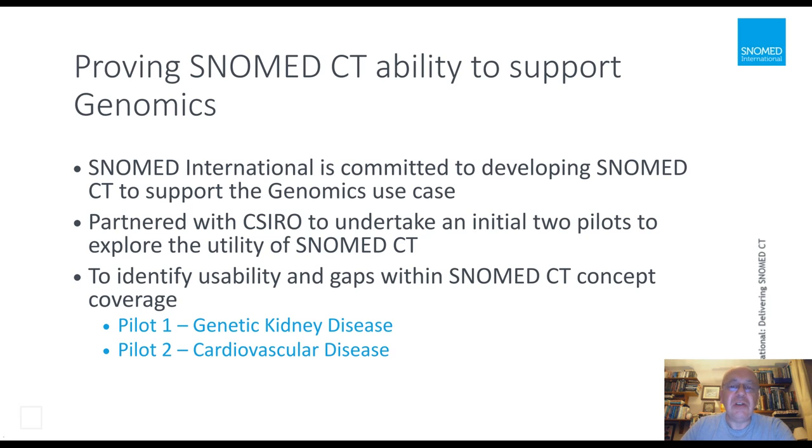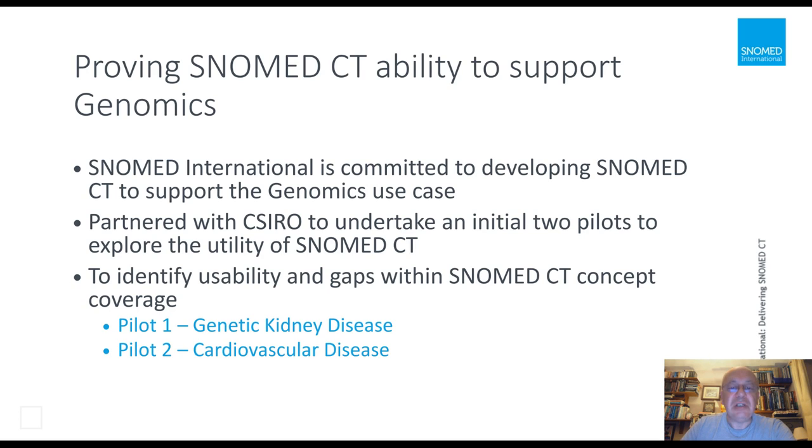To prove SNOMED's ability to support genomics, SNOMED International itself is committed to developing SNOMED CT to support the genomics use case. And to do this, we've partnered with CSIRO in Australia to undertake some initial pilots to explore the utility of SNOMED CT in the genomics space.